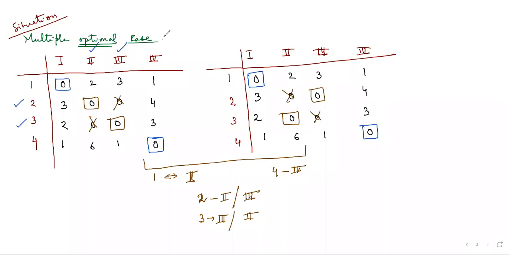Since the assignment problem is a special case of the linear programming problem, in linear programming this type of situation happens in the simplex method when in the zj minus cj row, we have to select the most negative number.